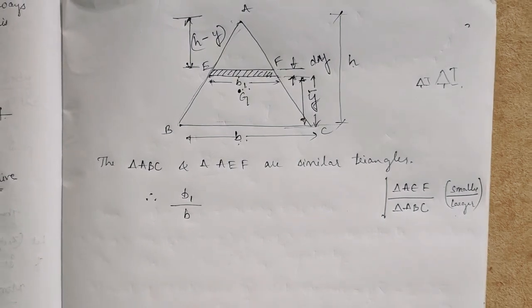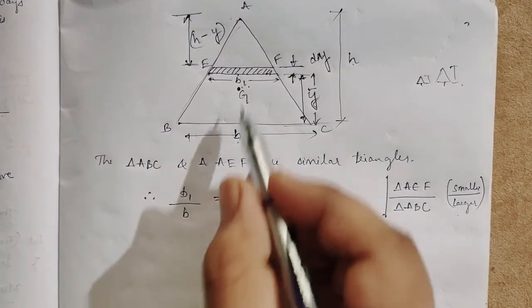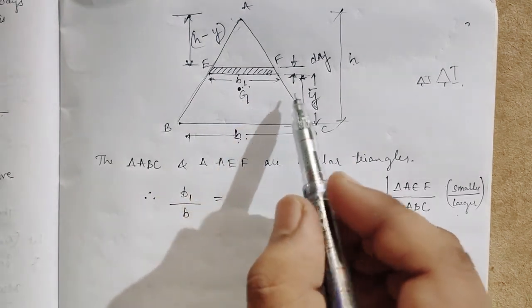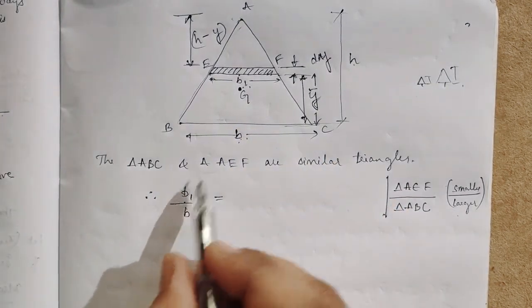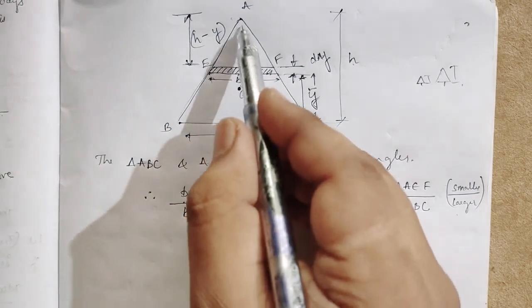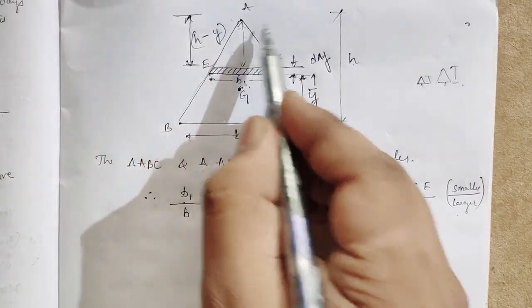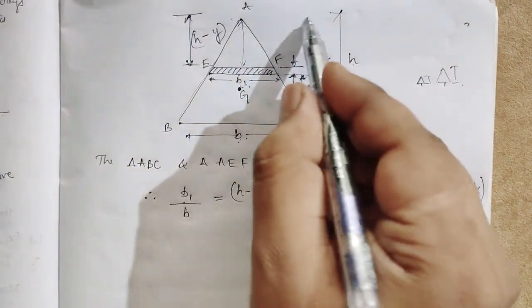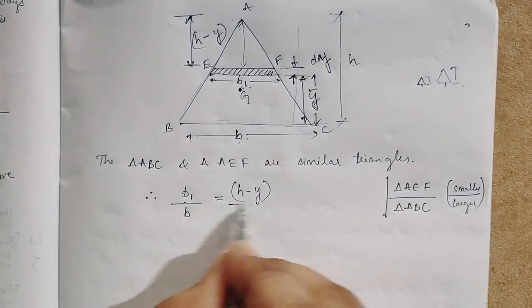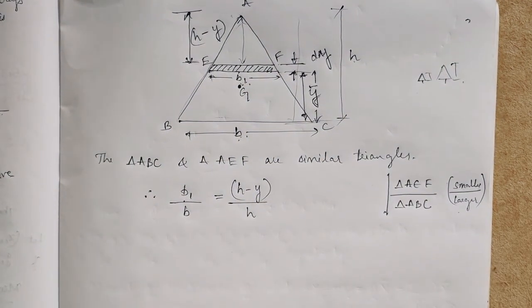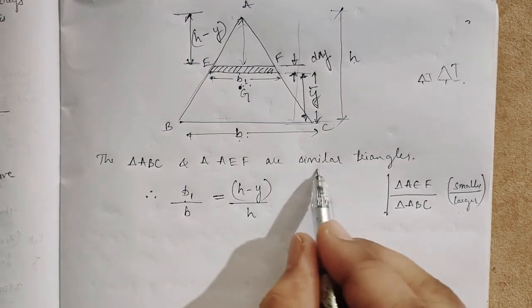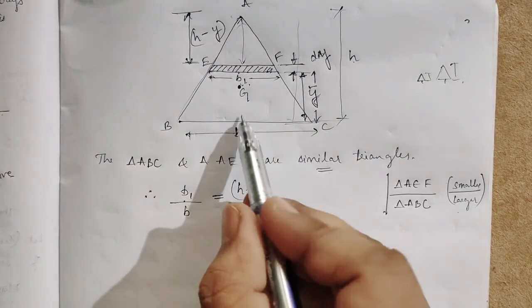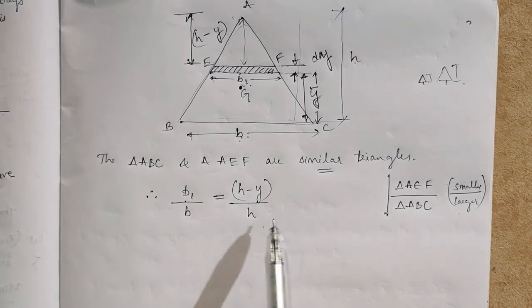Now I'll take height by height. The height of the smaller triangle is h minus y, divided by the full height, that is h. So I compared with the similar triangle property, side by side, height by height.